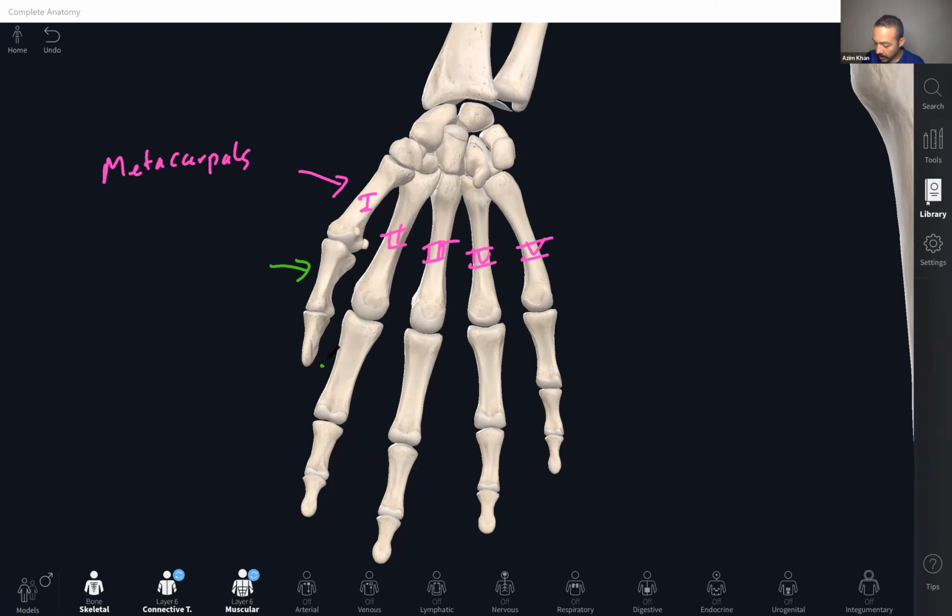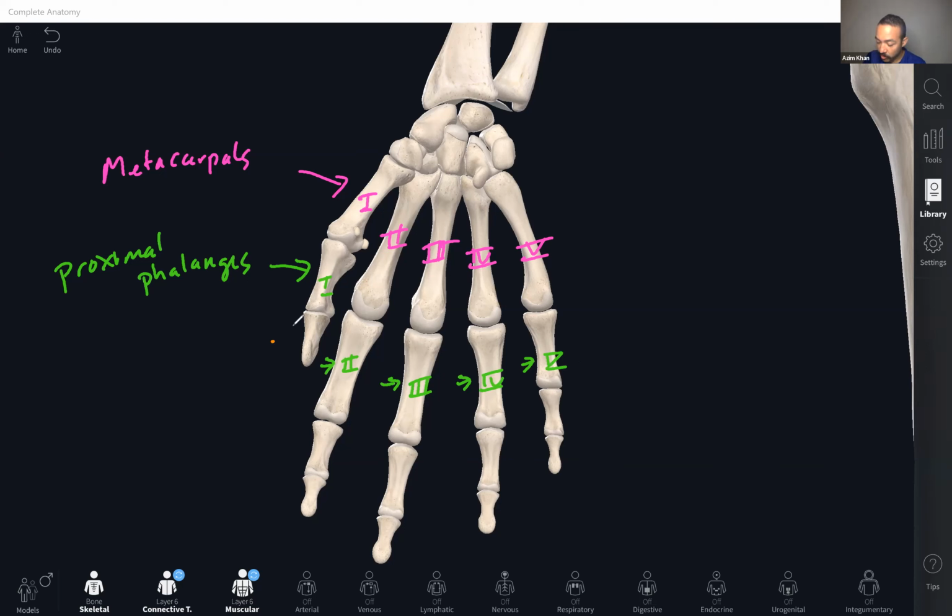This, and here too, these are proximal phalanges. Proximal phalanx 1, proximal phalanx 2, proximal phalanx 3, 4, 5.